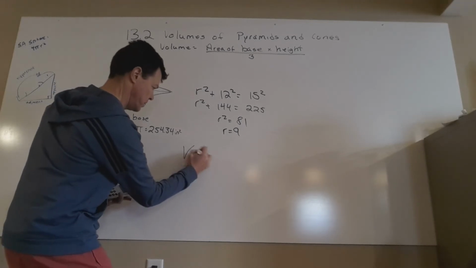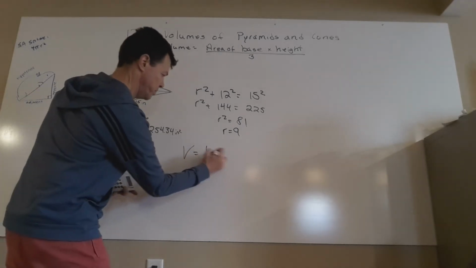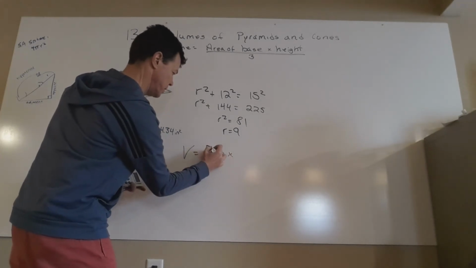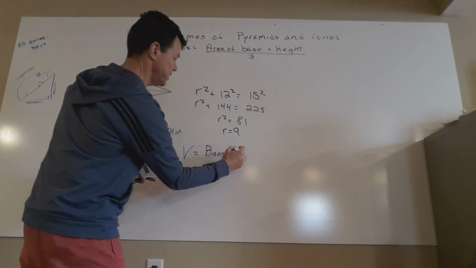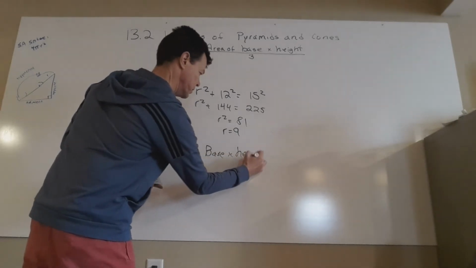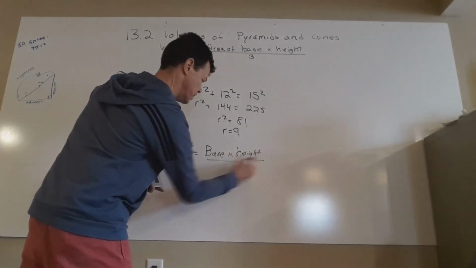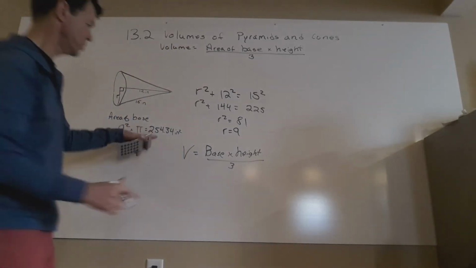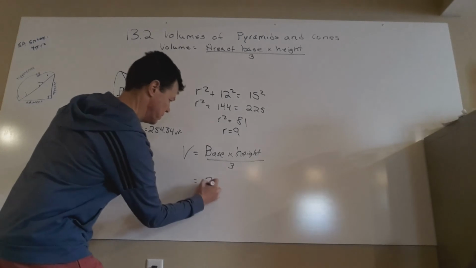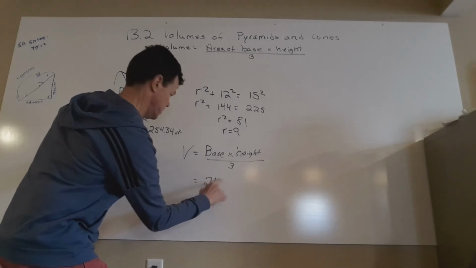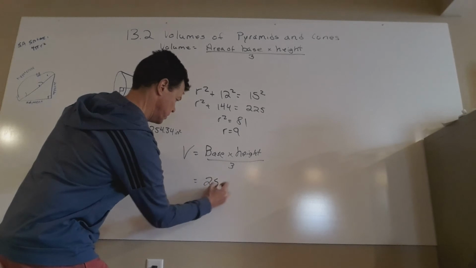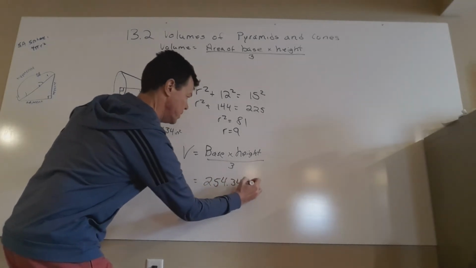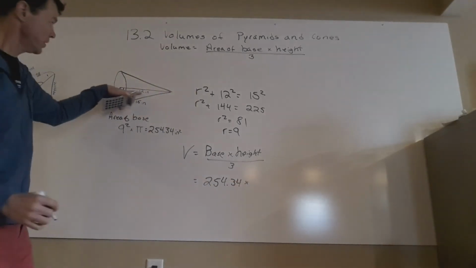Volume equals our base, area of the base, I'm going to put a capital B, times the height, divided by 3. Our area of the base is 254.34 times our height. Height is 12 inches.